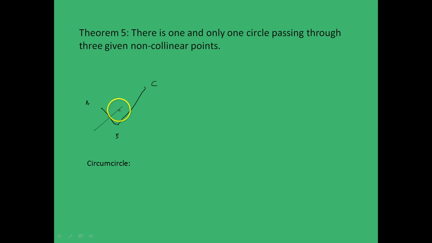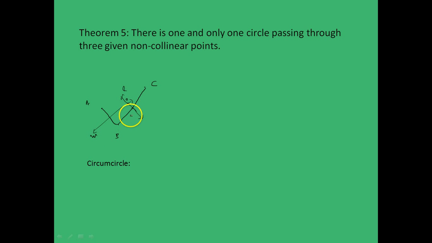So we can claim that this is the perpendicular bisector of AB and the perpendicular bisector of BC is something like this. And now because these are two unique lines, they can intersect only at one point, and let's call that point O. Let's call this line L and this line M.